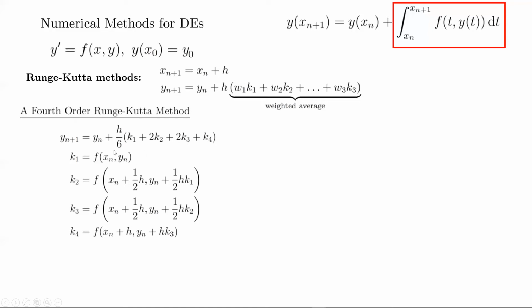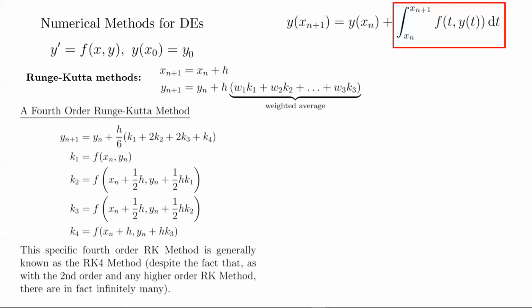K3 is the same thing, but evaluated at k2 rather than k1. And then k4 is xn plus h, yn plus h times k3. Notice that each step depends on the previous step: k2 depends on k1, k3 depends on k2, and k4 depends on k3.